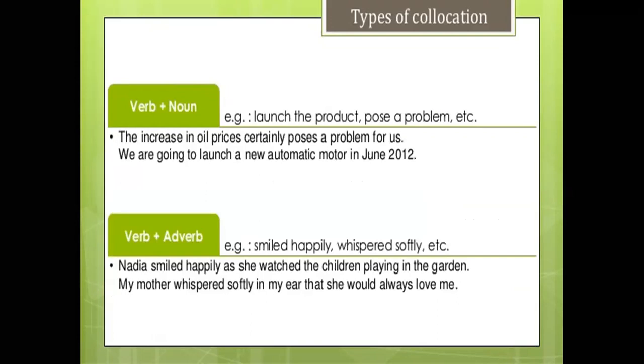Grammatical collocation. Are you reading from somewhere? No sir, I am looking at the slide. But there is no slide of grammatical collocation, it is types of collocation. Verb and noun. Okay.